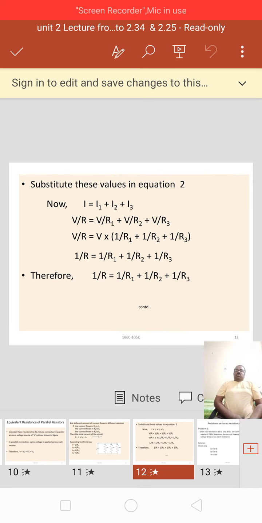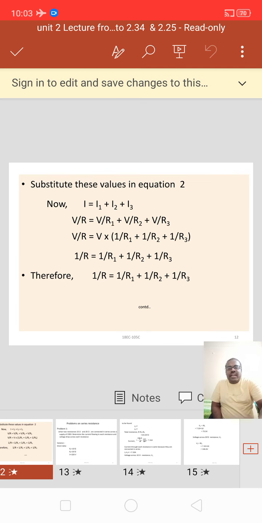That is, V by R equal to V into 1 by R1 plus 1 by R2 plus 1 by R3. Therefore, 1 by R equal to 1 by R1 plus 1 by R2 plus 1 by R3. This is the equation for the resistance when three resistors are connected in parallel.